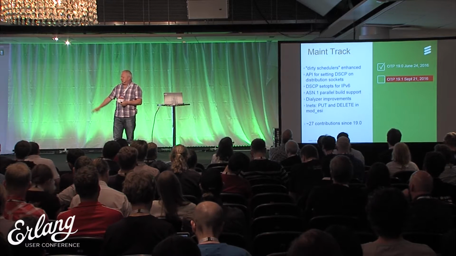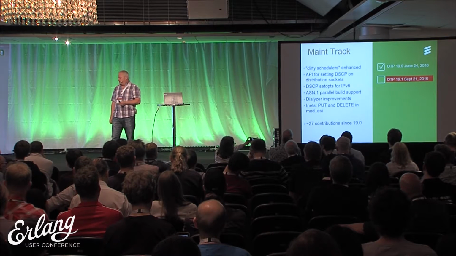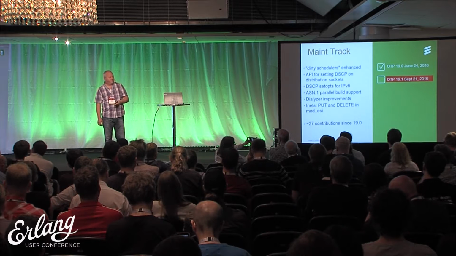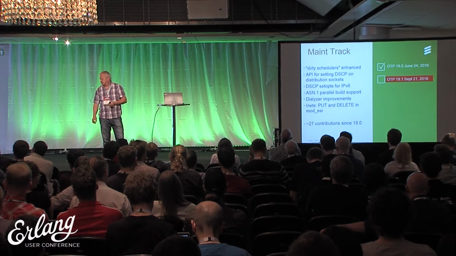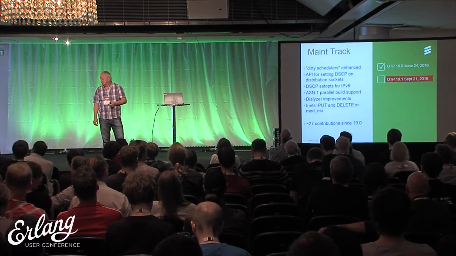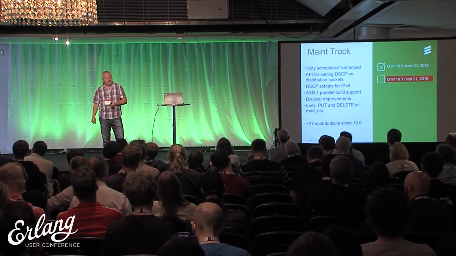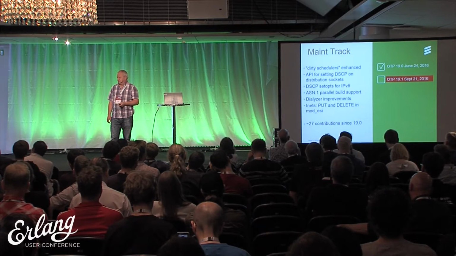We have the API there for DSCP, diff serve code points, priority on TCP, or what you could call it. Settings both in the API, in gen_tcp or inet, and in the distribution.